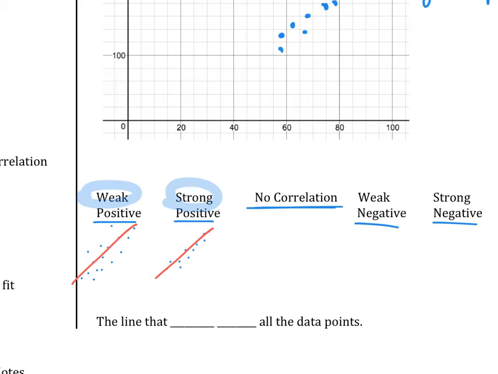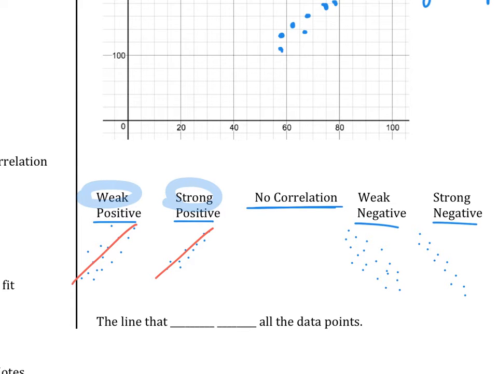So let's look at weak negative and strong negative. Same idea. Both of them are negative, which means the trend is going downward, except one of them is weak negative, meaning the points are kind of far away from each other but trending down, and a strong negative means they're mostly together trending down.